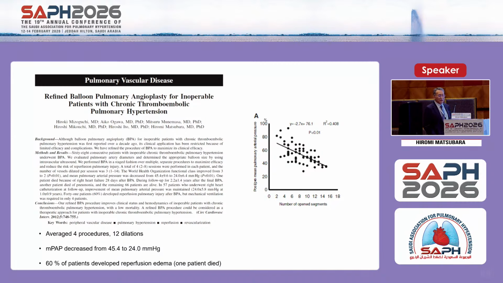Currently much less, but at that time so many cases experienced hemoptysis during or immediately after the procedure. When we published this, it needed a much longer time until acceptance. We had to revise so many times, because not only surgeons but even pulmonologists and cardiologists all criticized us. It's crazy, they said.